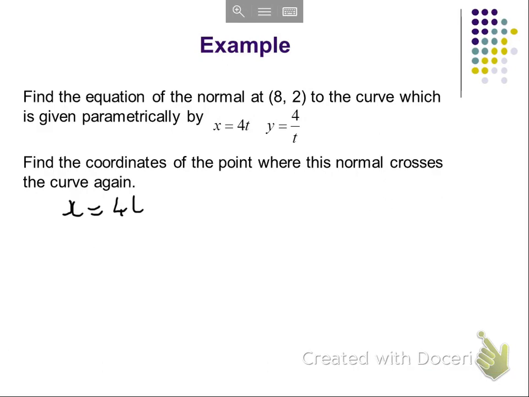Now in this example, we've been asked to find the equation of the normal at the point 8, 2 to the curve which is given parametrically by x equals 4t and y equals 4 over t. And we've been asked to find the coordinates where this normal crosses the curve again. So the normal meets the curve at the point 8, 2.